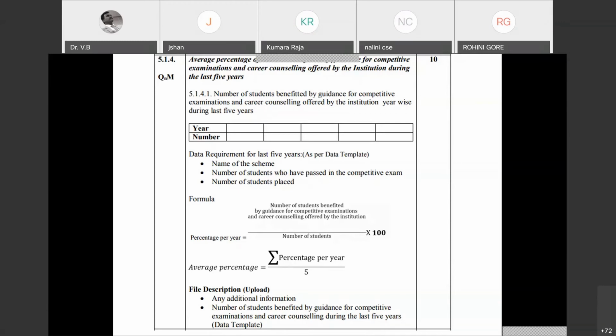Because for example, in some institutions, from the third year itself, in the case of engineering, the department organizes courses in GRE or for GATE preparation. So that data can be entered over here. And in case it is being done by collaborating with an outside agency, that can very well be included over here. And you have to have the MOU that you entered with that agency as the backup document.